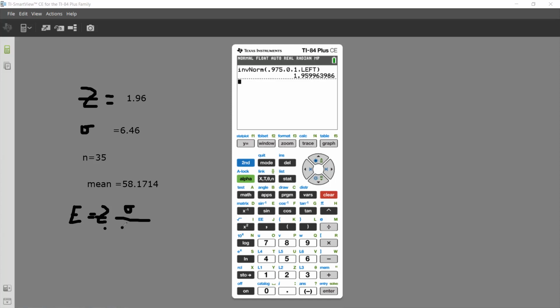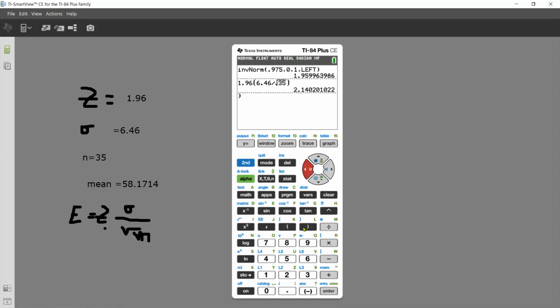So in this case, my error term will be 1.96 times my sigma, which is 6.46, divided by the square root of 35. And if I calculate that, that gives me 2.1402 and some change, right?